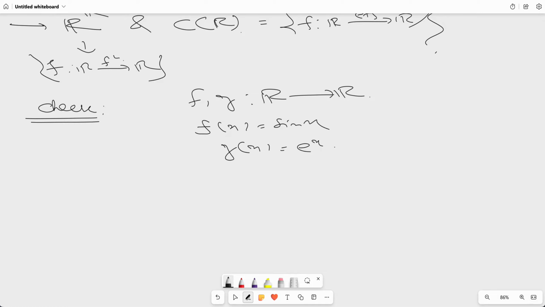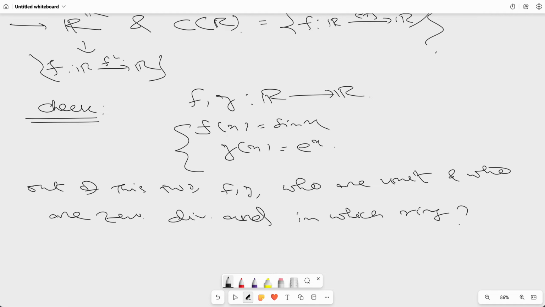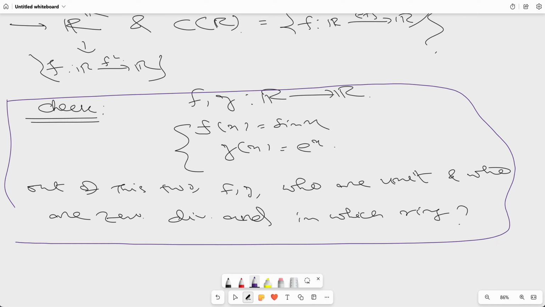Out of these two, f and g, who are units, who are zero divisors, and in which ring? This is the exercise. You check.